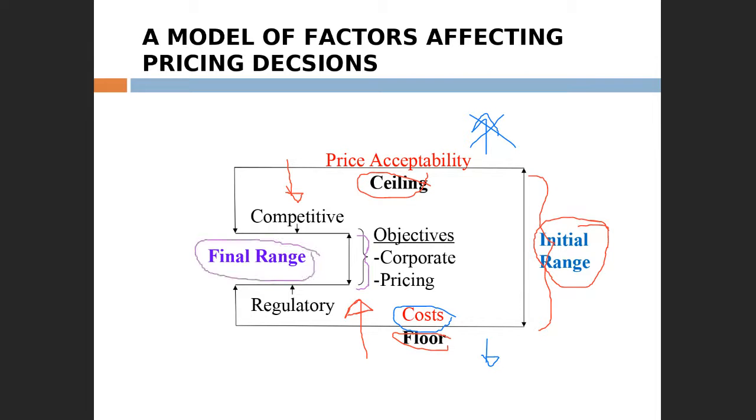The specific price that you set within that final range is going to be a function of your corporate objectives and your pricing objectives. These are the 2 points that are listed on that page, the very first 2 points. Corporate objective, I'm using this term over here. On that page, I had organization and marketing objectives.